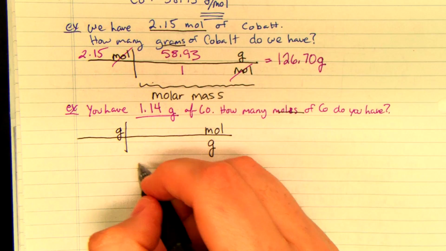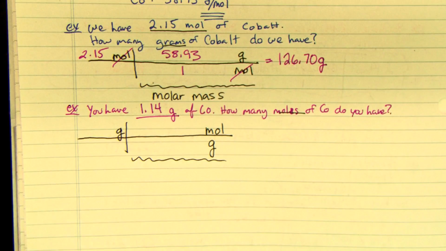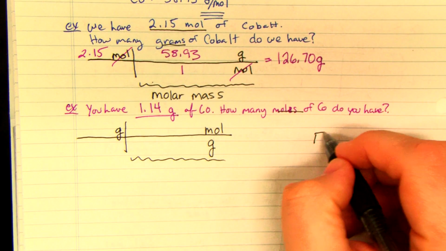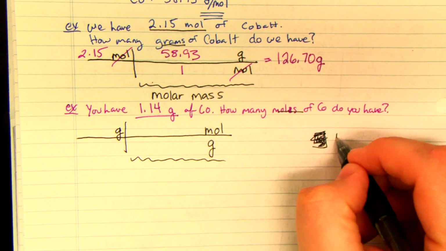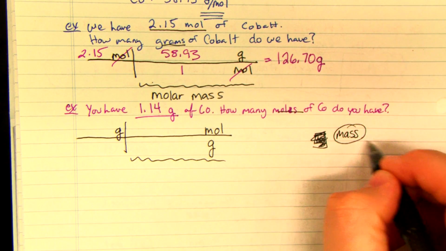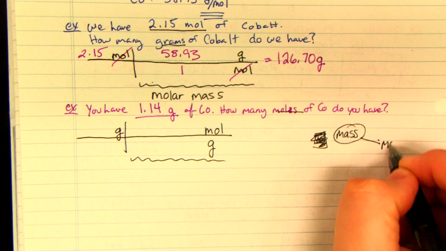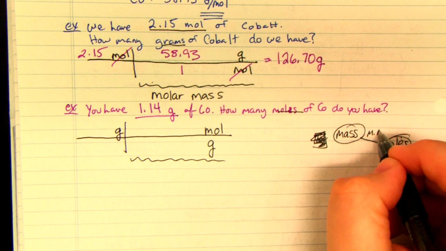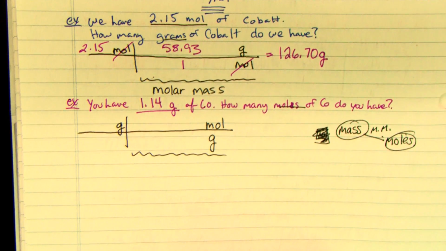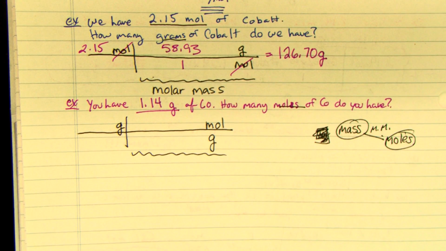If you looked at the chart, mass is going to be a one-stepper to moles. And you have to use molar mass in order to get there. And so that's our chart. The picture's in the room, but the picture's not going to get on the video, so I just kind of drew that part of the picture.